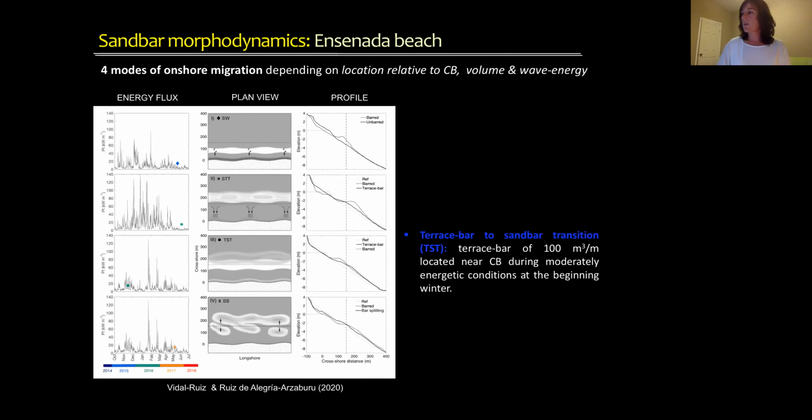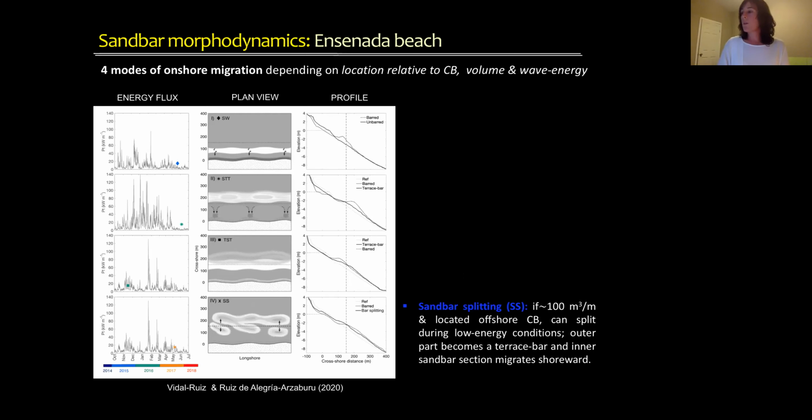We also saw the transition from a terrace bar to a sandbar, and that happened when a fairly large terrace bar located near the cross-shore boundary turned into a sandbar during moderately energetic conditions at the beginning of the winter.